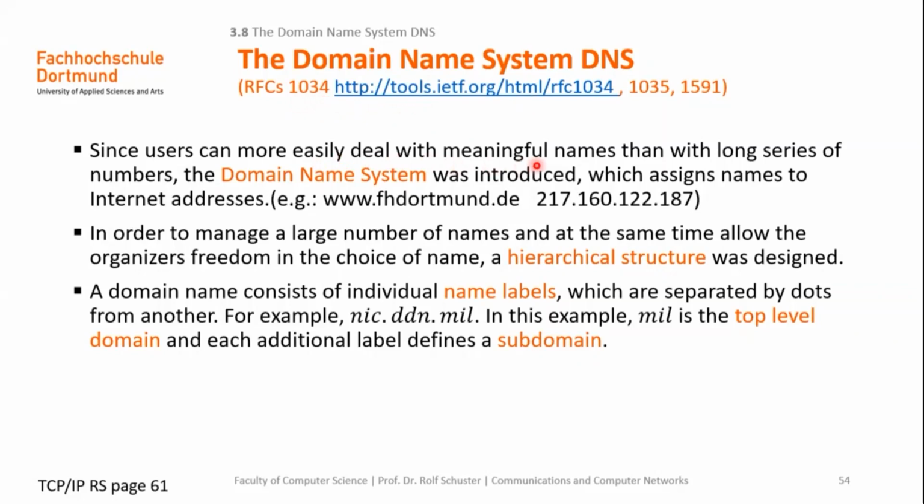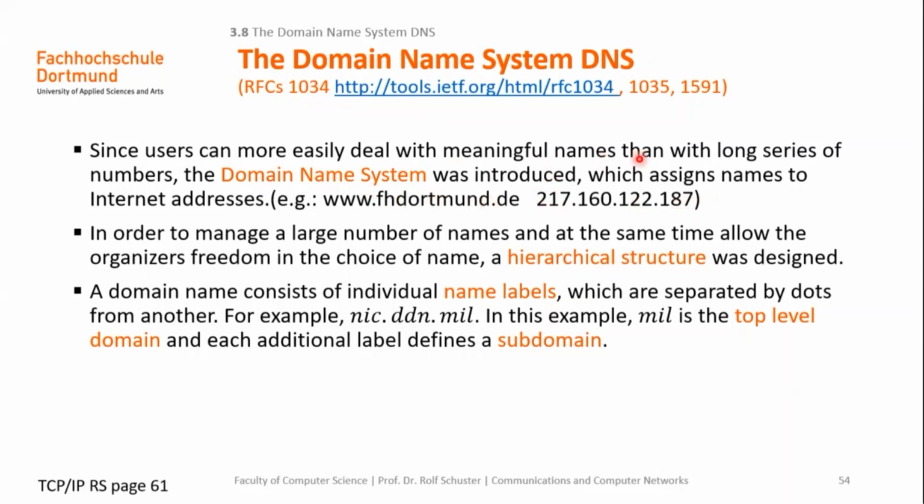For instance, if I ask you which is the IP address of the web host of the Fachhochschule Dortmund, I'm sure that you don't know, or couldn't easily remember that number. For instance, this IP version 4 address of the website of the Fachhochschule Dortmund.